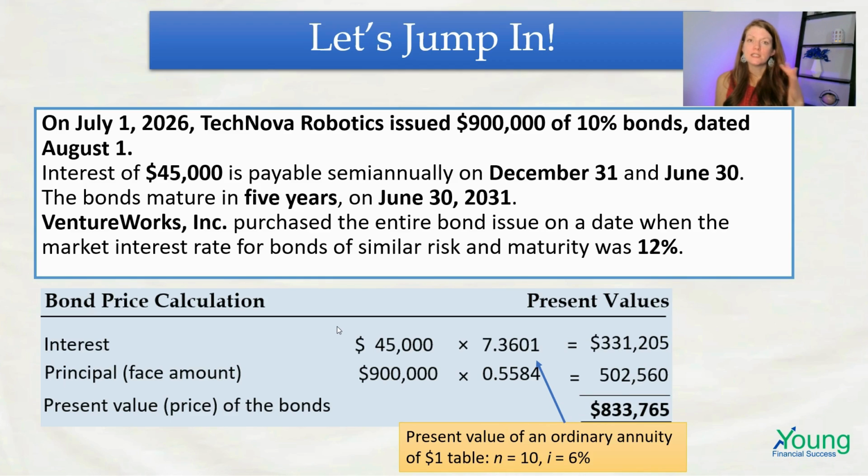So this can be really tricky to remember when you calculate these, but we are going to the present value of an annuity table because it's a series of payments and we're trying to find what the present value of these payments are. We're using 10 periods because they are getting 10 payments over the 5 years.